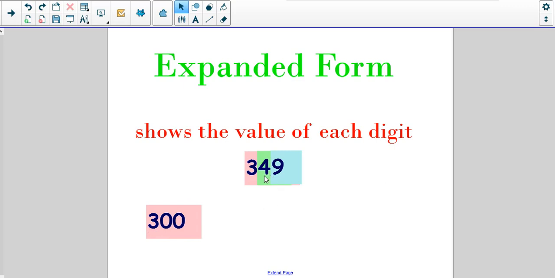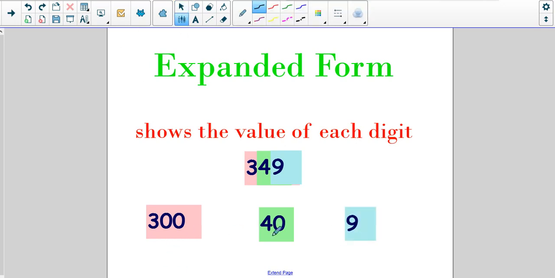The 4 is in the tens place, so the value of 4 tens is 40. The 9 is in the ones place, and the value of 9 ones is 9. So the expanded form for 349 is 300 plus 40 plus 9.